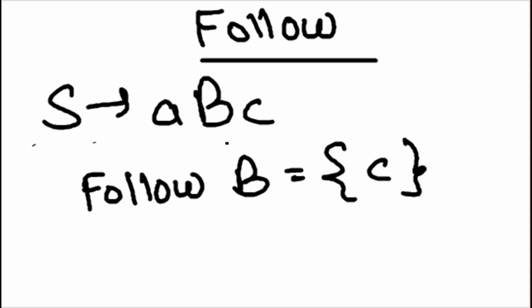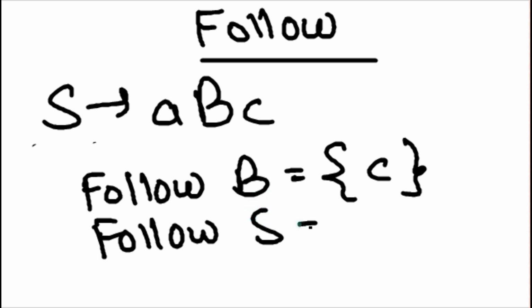Now there is no other non-terminal symbol. And since there is no other non-terminal symbol, you have to create a follow of S. In case you create the follow of S, you don't have to check this, because follow of S is always dollar.